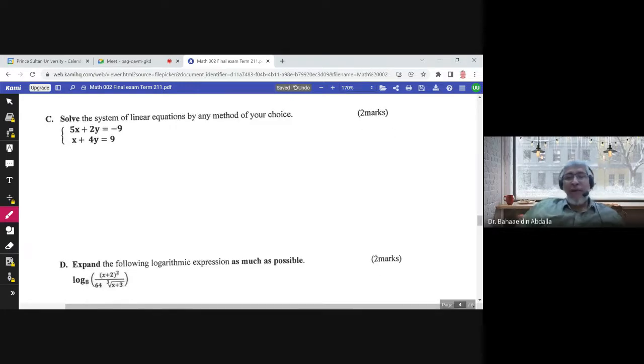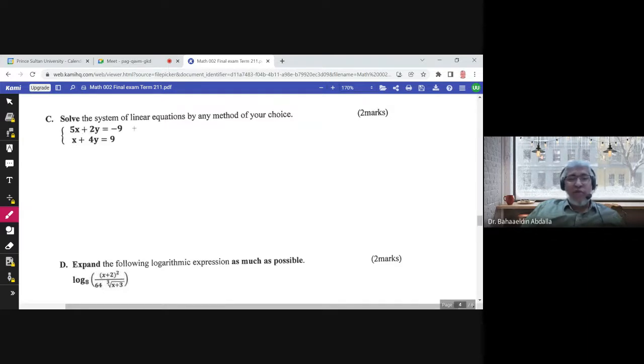Solve the system by any method of your choice. We have seen in section 8.1 systems of two equations in two variables, using substitution and elimination. I will use elimination here. I can multiply the first equation by negative 2 and eliminate y, or the second equation by negative 5 and eliminate x.